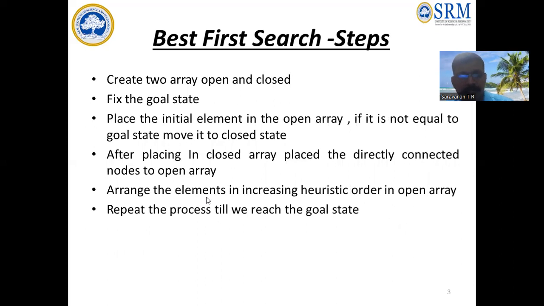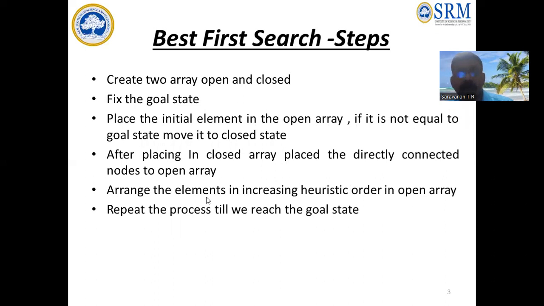Next, we will be seeing the steps. We will be creating two arrays, an open array and a closed array, and fixing the goal state. We move from the initial element in the open array, checking whether the element is the goal state. If the element is the goal state, termination is done.